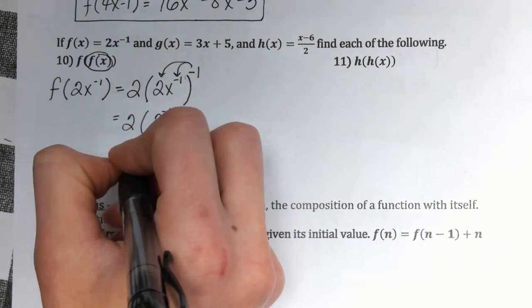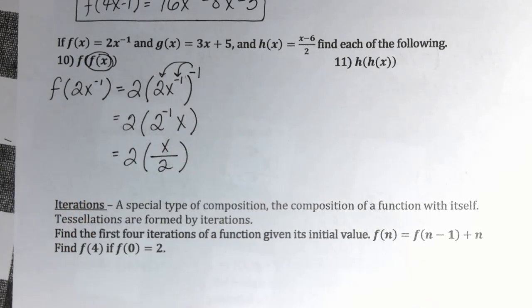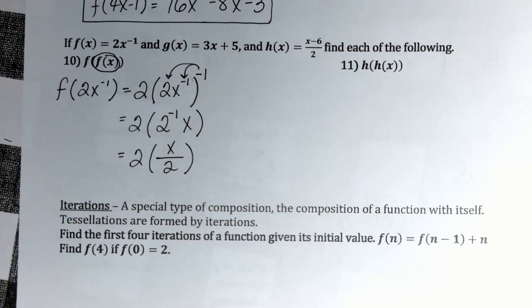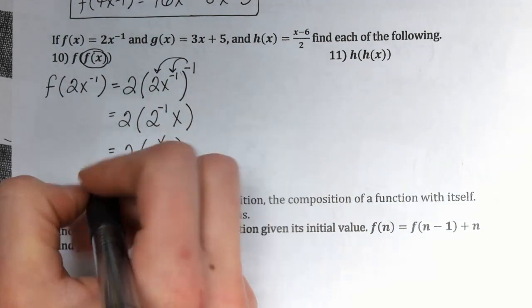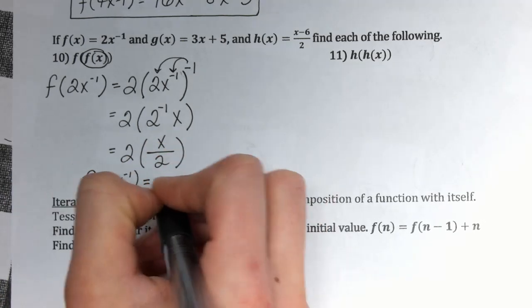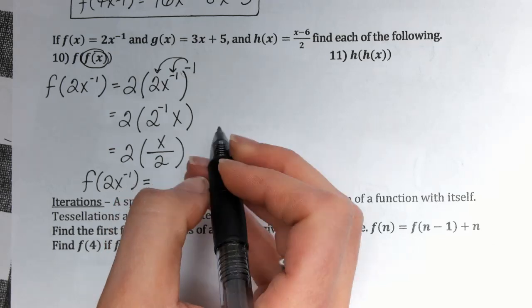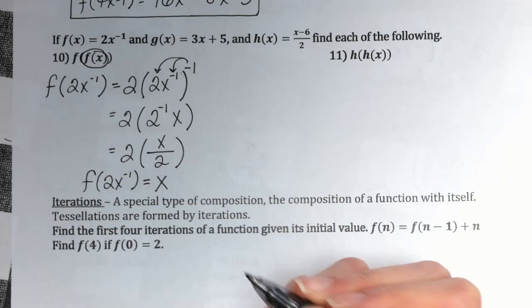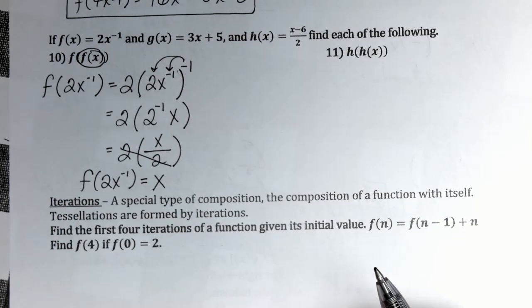Okay, well this is just 2 times x over 2, right? Because that negative exponent tells me I need to flip it. So f of 2x to the negative 1 power is equal to x, because those 2's cancel.